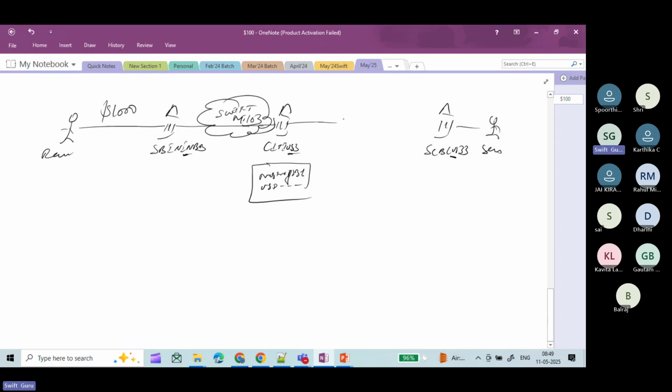Instead, they have a local clearing and settlement mechanism. Let's say Fedwire is the system by which they settle this transaction. The Fedwire system functions under the central bank itself, and this fund is settled with Standard Chartered Bank US. I told you the Citi US Bank will have a settlement account at the central bank.